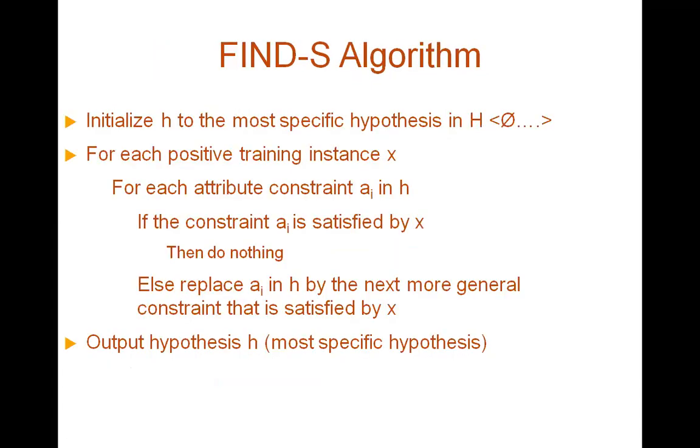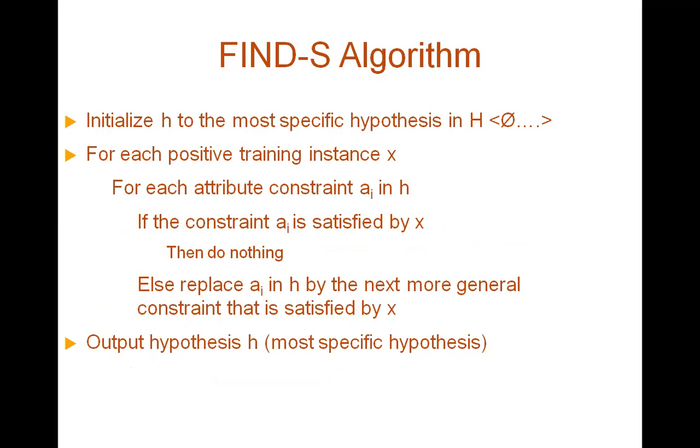So this was the Find-S algorithm. In Find-S, we always start with the most specific hypothesis. The aim of the Find-S algorithm is to find the specific hypothesis for our given data set: what is the hypothesis which is maximally specific?